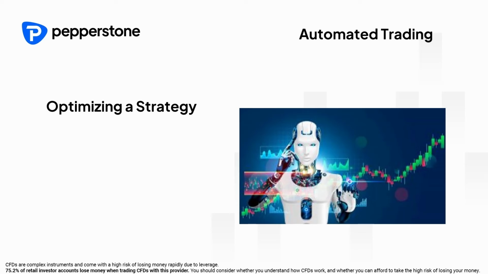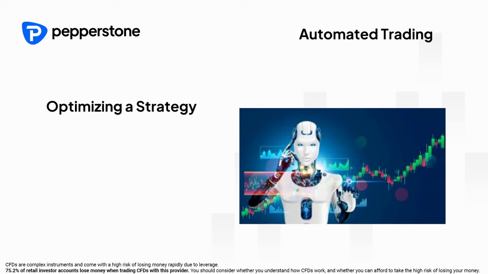Next, we move on to optimizing a strategy. Optimizing a trading strategy involves refining a set of rules and parameters to maximize potential profit while minimizing risk. The process typically begins with data analysis, where historical market data is analyzed to identify patterns and trends. Traders then choose a suitable trading strategy, such as a trend-following system, mean reversion, or momentum trading, based on their objectives and market conditions.